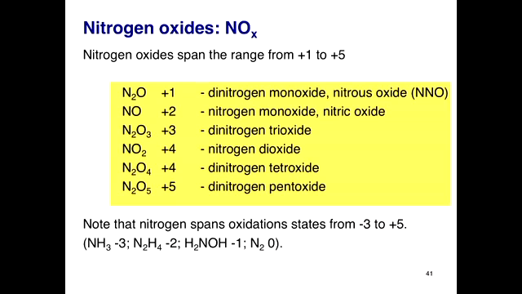Let's look at the nitrogen oxides, and there's a really rich chemistry associated with nitrogen. Every oxidation state between -3 and +5 is represented for nitrogen. We can have N2O, that's dinitrogen monoxide, or nitrous oxide, or more commonly known as laughing gas.